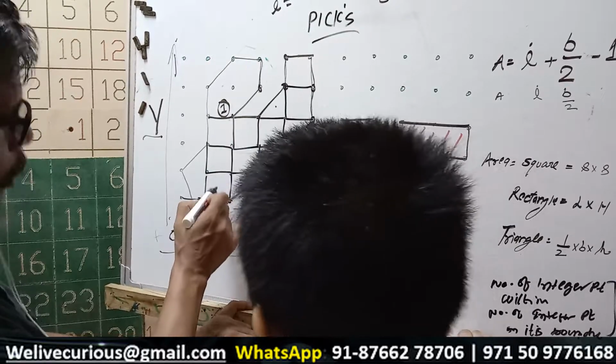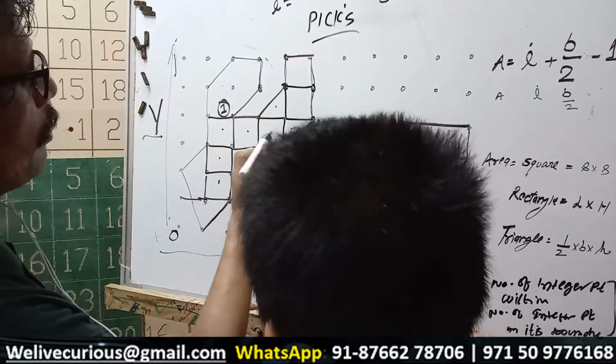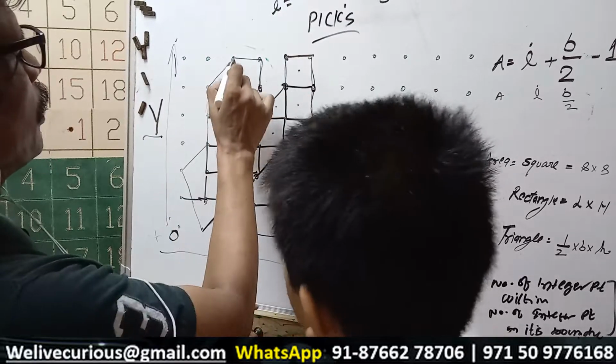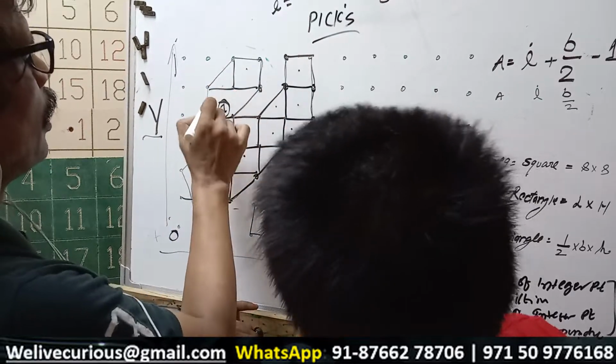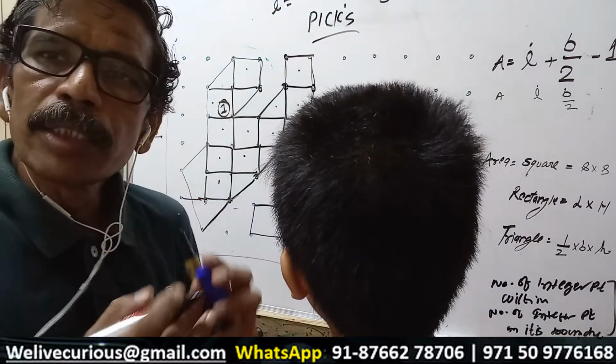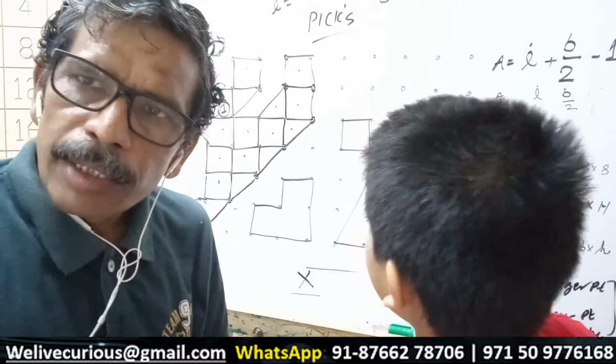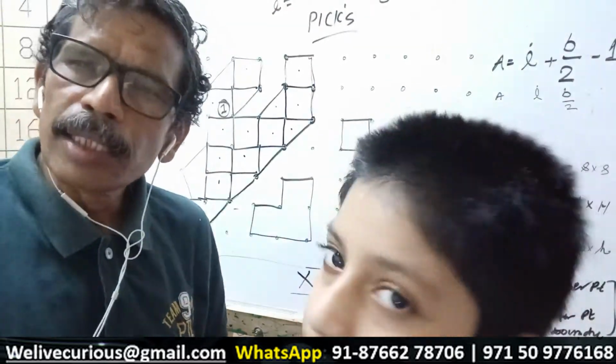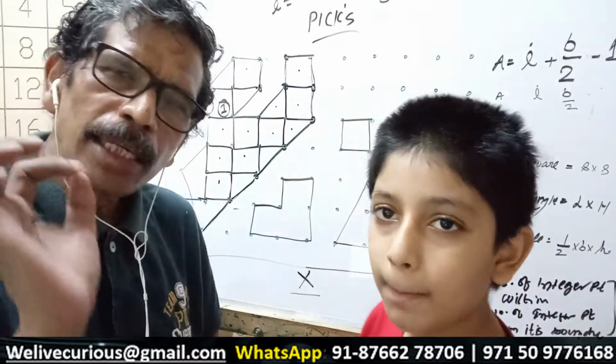These are complete squares. 1, 2, 3, 4, 5, 6, 7, 8, 9, 10 complete squares, and these are the triangles. If you calculate all the area, you can calculate the area. Yes, you can. But there are easier tools, very handy tools.